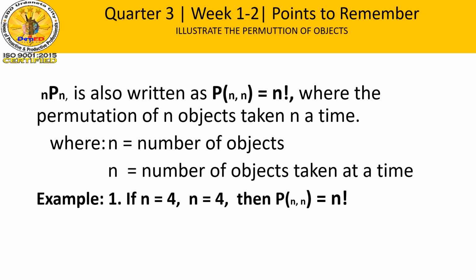Example, if n is equal to 4 and n is the number of objects taken at a time, then the permutation of n objects taken n at a time is equal to n factorial. So by substituting the value of n, we have the permutation of 4 taken 4 at a time is equal to 4 factorial. Then we have 4 times 3 times 2 times 1, which is equal to 24.